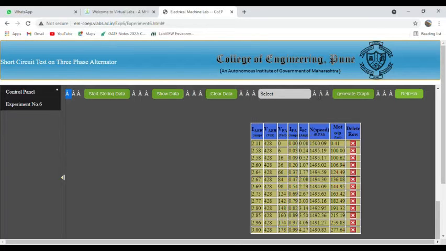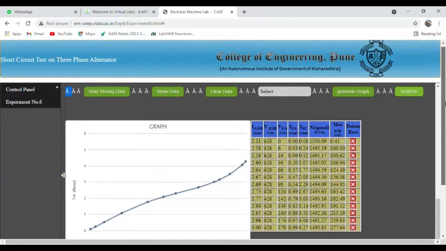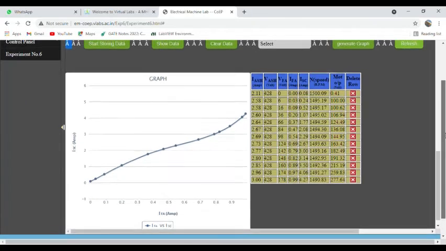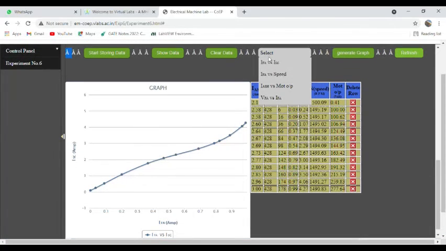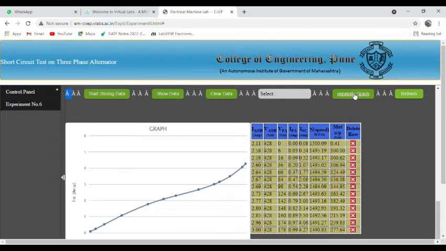Then, when the per phase short circuit current is plotted as a function of the field current, the graph is called the short circuit characteristic of a generator.